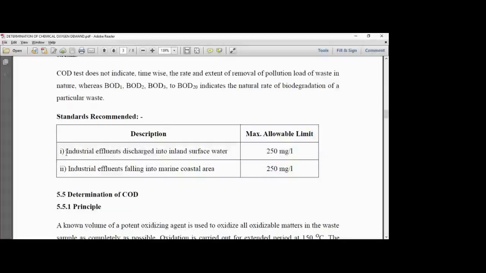Even for sewage, the value is 250 mg per liter only. So the maximum allowable limit for a sample to be discharged into inland surface water, for example a river or a lake, or into a marine coastal area, for example the sea or ocean, is 250 mg per liter.